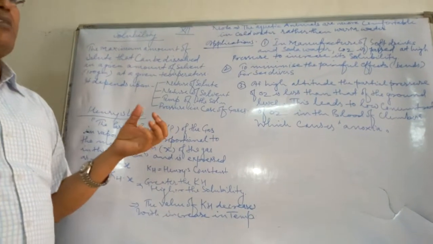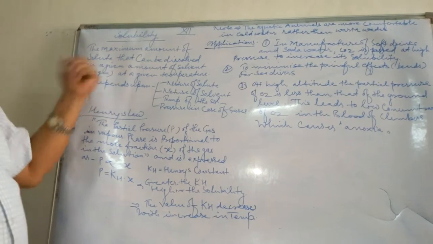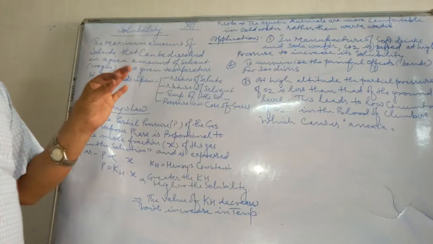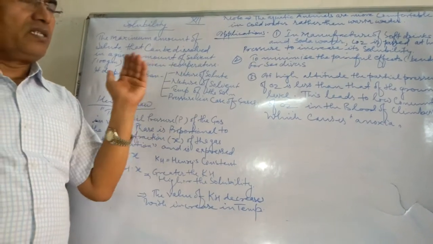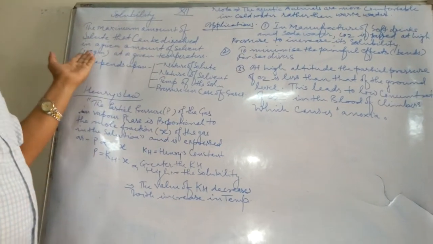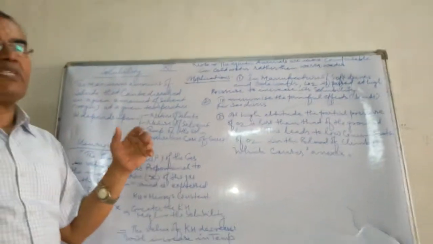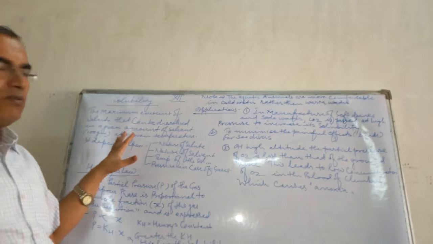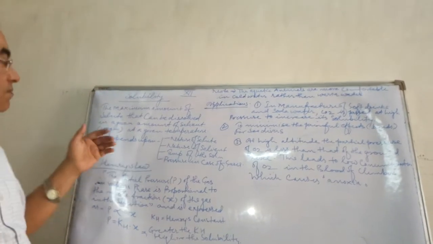What will the solubility be for cane sugar? Suppose a maximum of 60 gram of sugar dissolves at room temperature in 100 gram of water. Then this 60 gram of sugar will be the solubility of that particular compound.